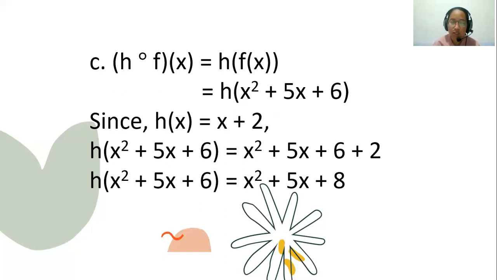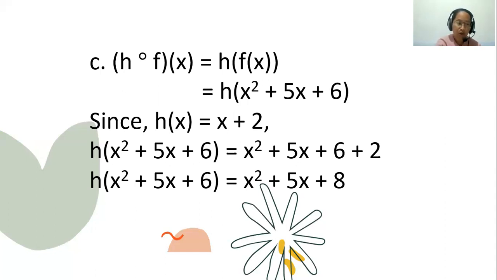Then simplify. We just need to combine the two constants. Thus, the composite function of h and f of x is equal to x squared plus 5x plus 8.